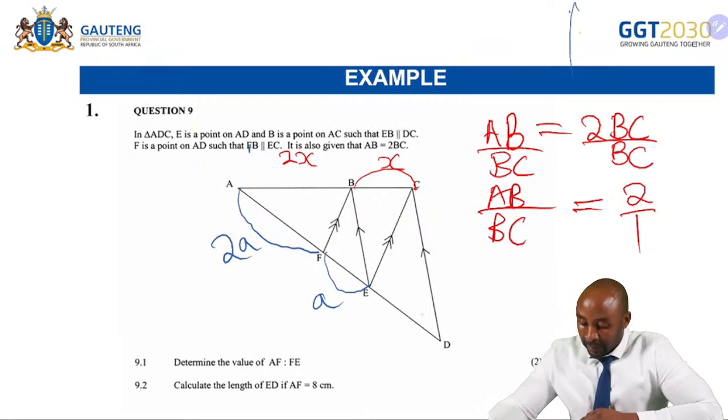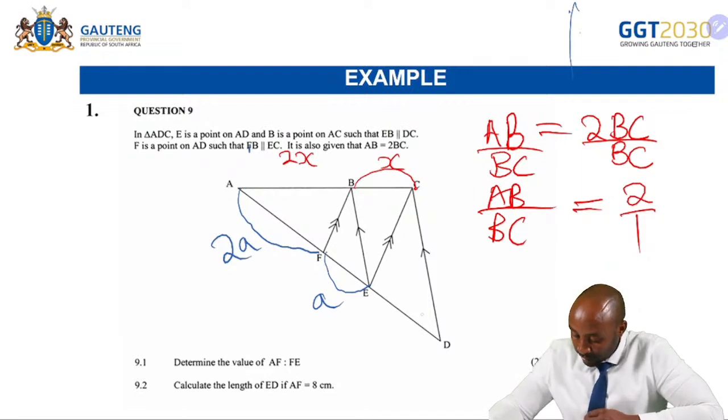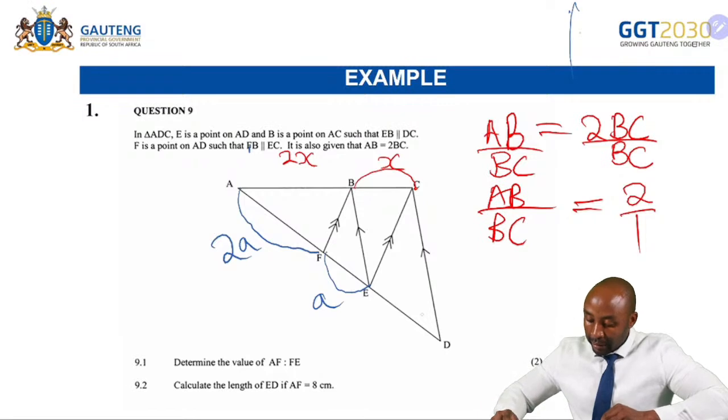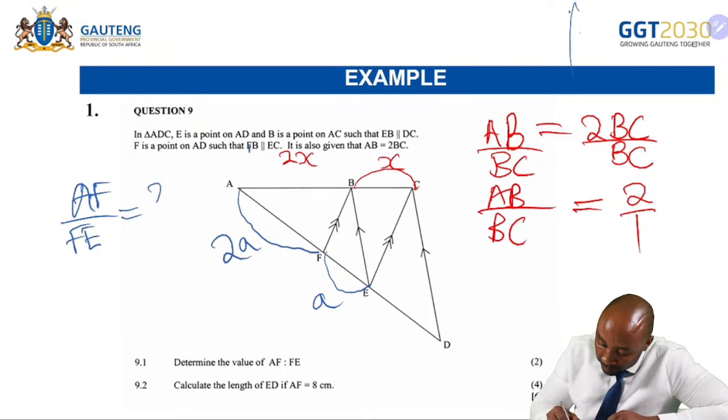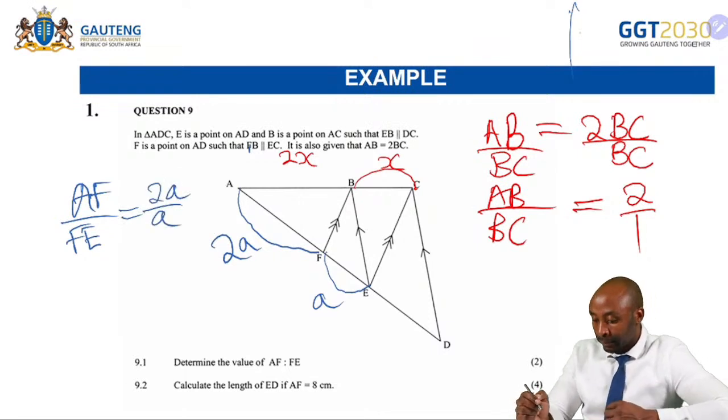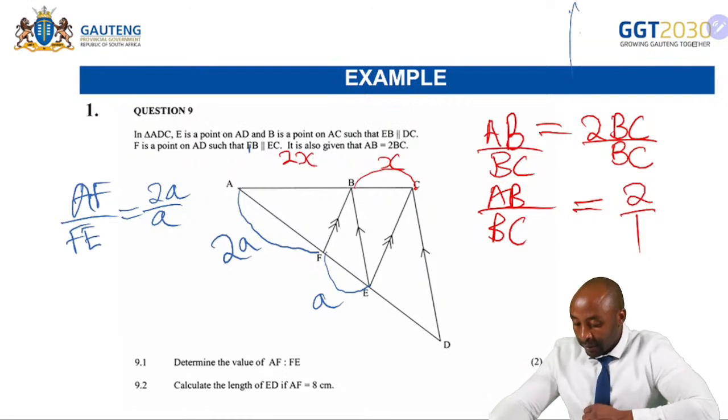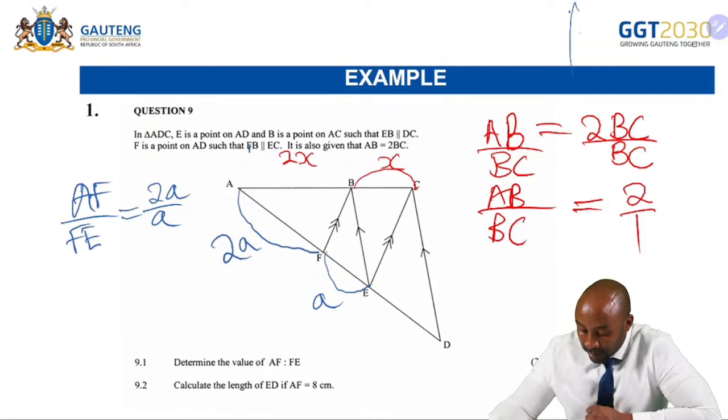Now, let's calculate the length. In this case, I am able to say AF over FE will be equal to 2A over A. True or false?